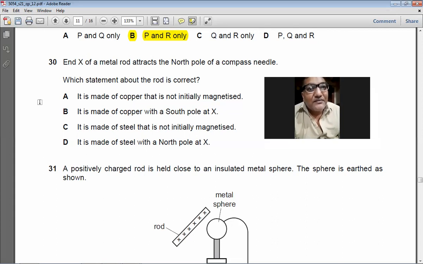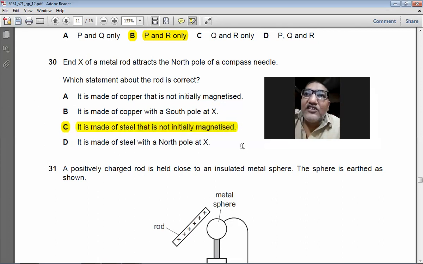Yes, C can be the answer. It is made of steel with the north at X. That is totally wrong. If at X we have the north, the north of the compass needle will be repelled. It should not be attracted. So I think C is the right option. It is made of steel that is not initially magnetized. C is the right option. Very tricky question.